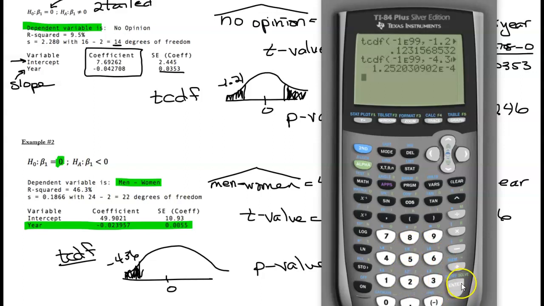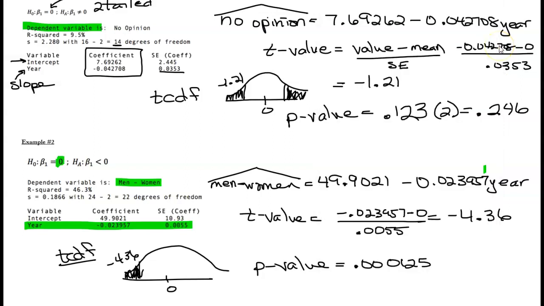And so that's how I got my p-value. And this is a pretty small p-value, so with a small p-value, we reject the null. There is evidence that there is an association between the difference of men and women and year. Now, if you're wondering why I didn't double, it's because this is a one-tailed test. So I don't double on a one-tail, it just says less.